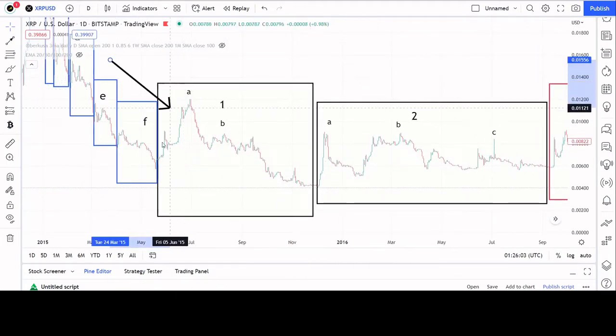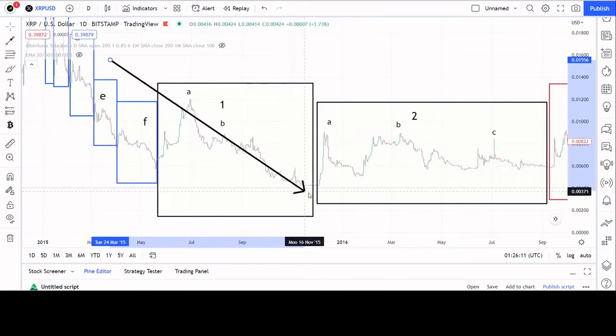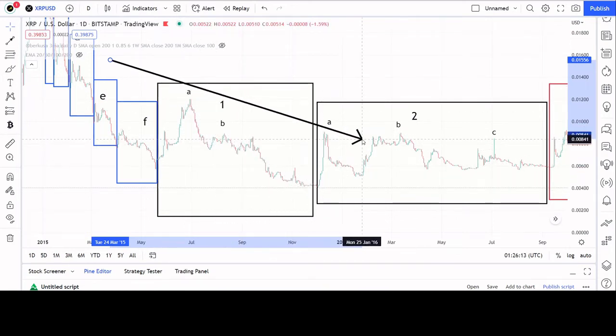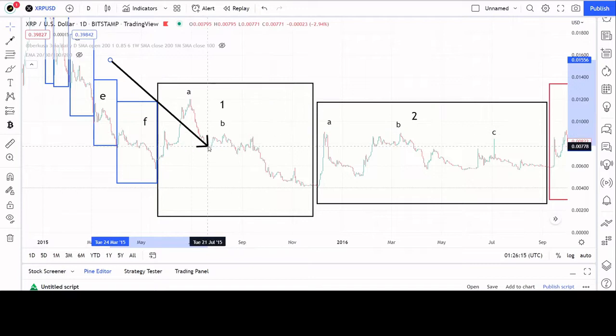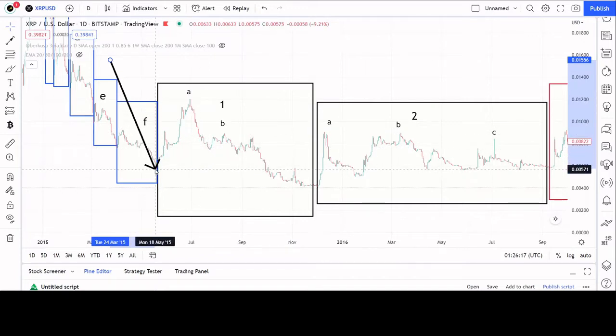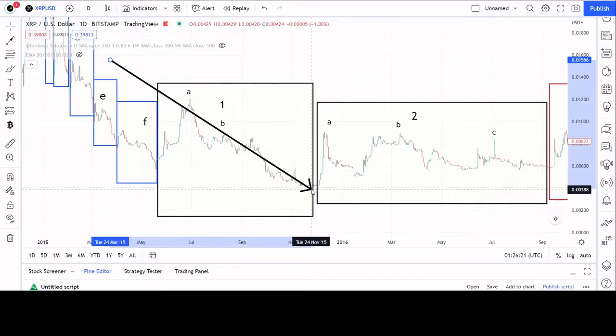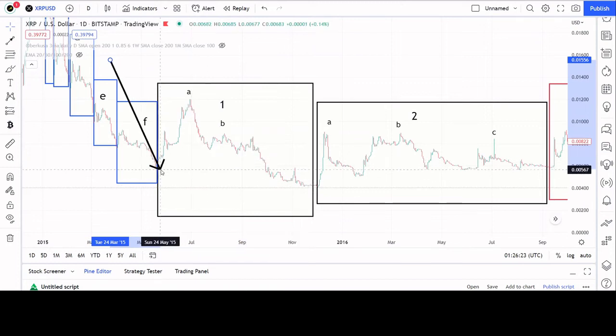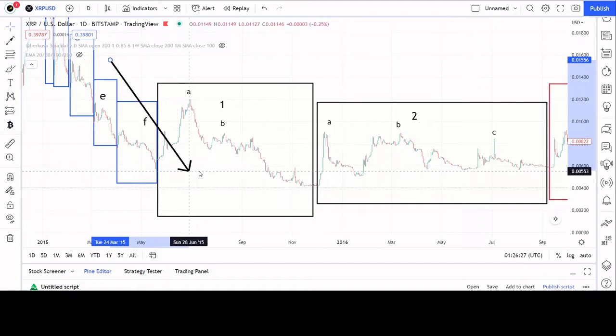So here we have the two parts, part A and part B. There's two major parts to this part A, and the B winds down to a point before it moves back up into fractal 2. However, look here. So here was the capitulation fractal. This time it went lower than the initial capitulation point. So that is very interesting to note.